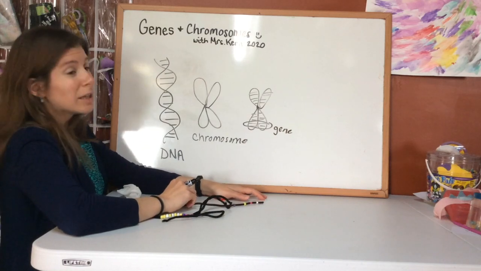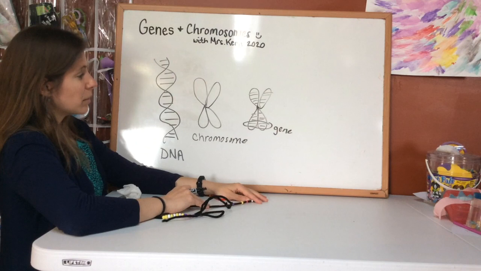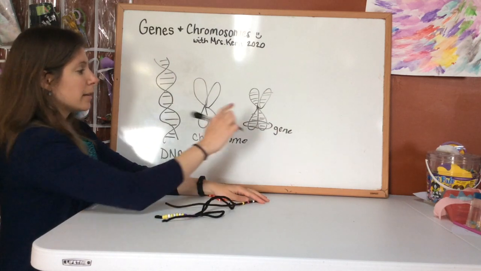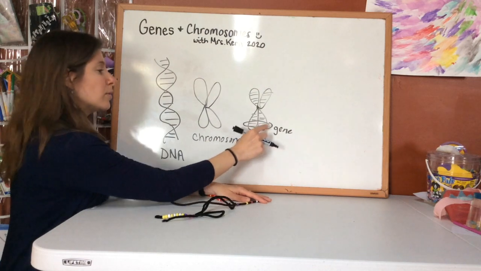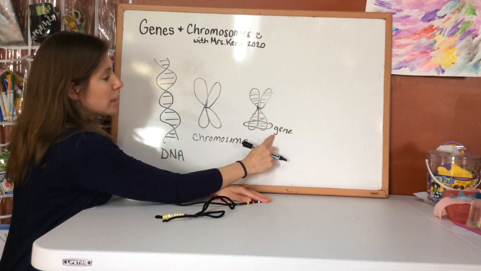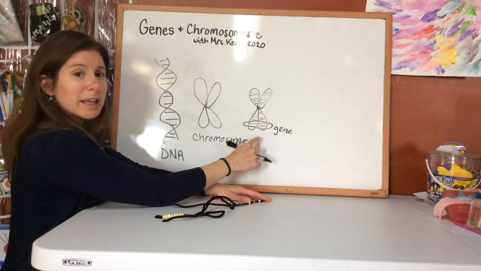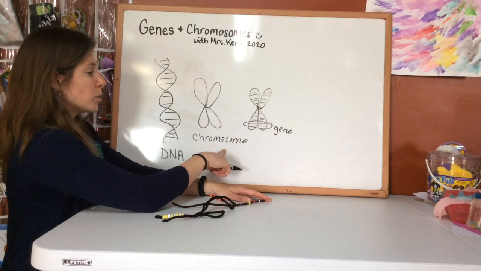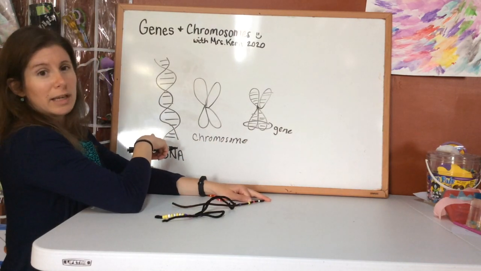A gene might have more than one form, as you saw in some of the other videos. But when we talk about genes, not like what teachers want to wear to work, but genes like G-E-N-E, gene, as in genetic information, we're talking about a section of a chromosome, which is really part of your DNA.